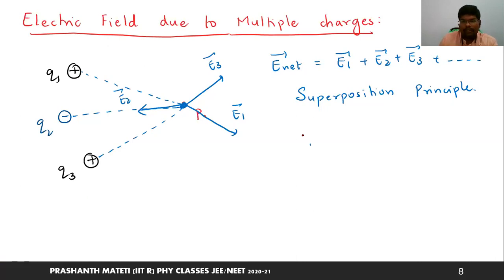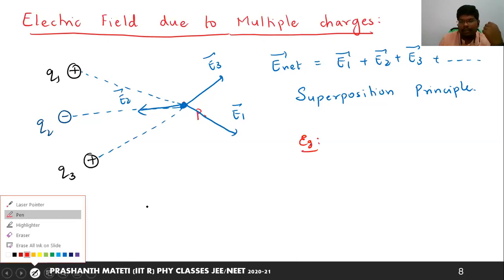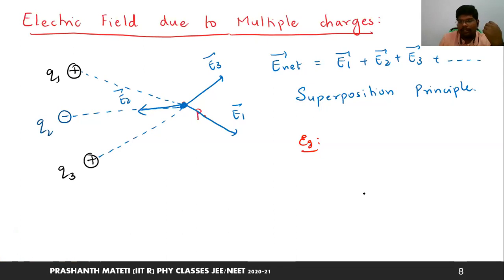For example, if you take multiple charges, if this is one charge, this is another charge, these 3 points are forming an equilateral triangle, and out of this triangle only 2 charges are there. That is, these 2 charges are at 2 vertices, and we want to find the field at this point.